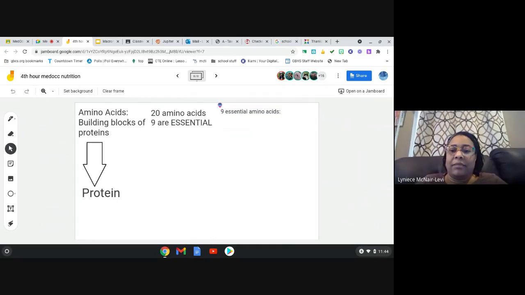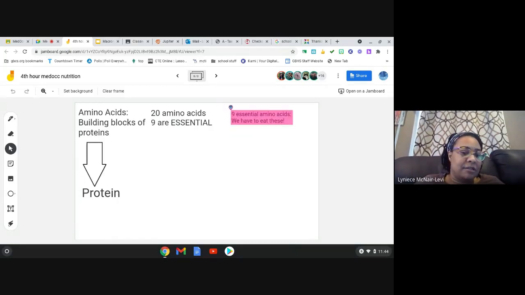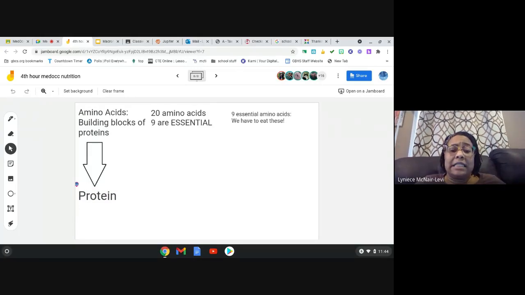All right. I'm going to move this down because we are going to need this space a little bit. So now think about this. Nine are essential. Those 9 essential amino acids we have to eat. The only way that we get those amino acids is if we eat them somehow.